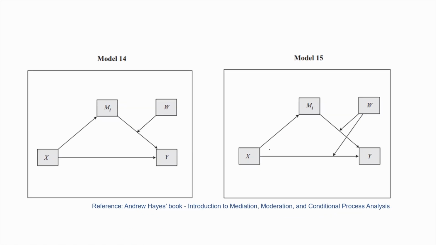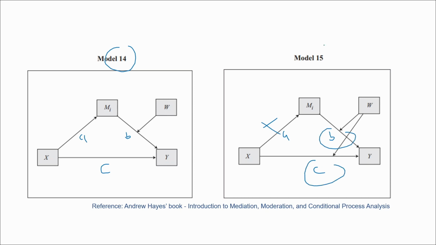On the other hand, sometimes the B part is significant, but the A and C interaction effects are not significant. In this case, you are going to use model 14. Sometimes the A part interaction effect is not significant, but the B and C are significant.